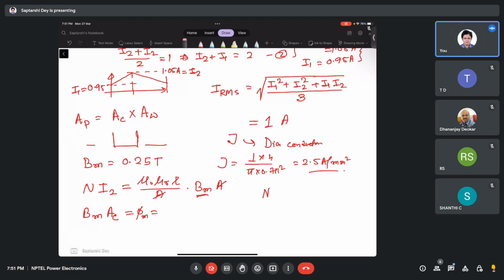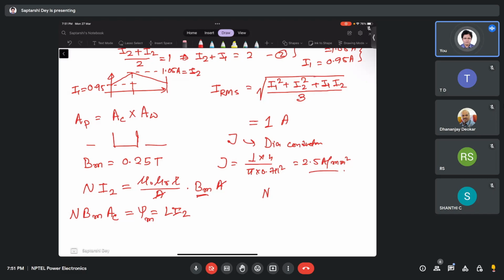If I multiply this with n, then this will give me the psi m, which is L times I2, right?